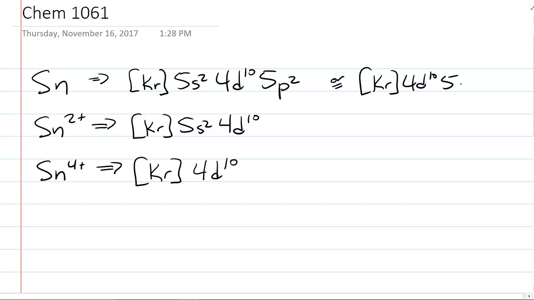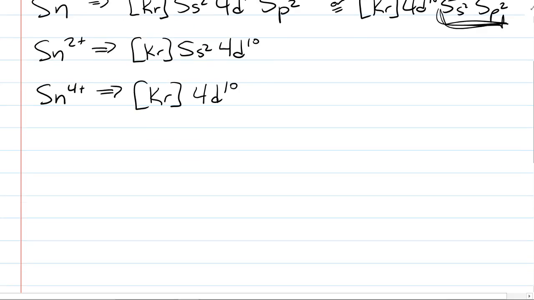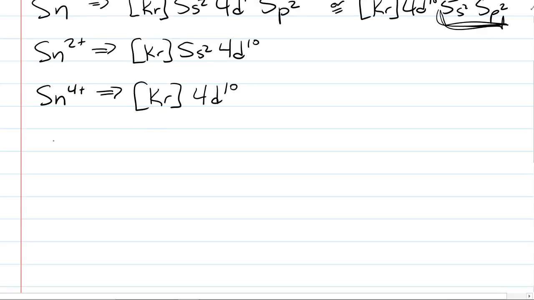Remember that this would be another way we could have written this configuration. Writing it this way very clearly shows we have all the valence electrons together, and it's these that go first.